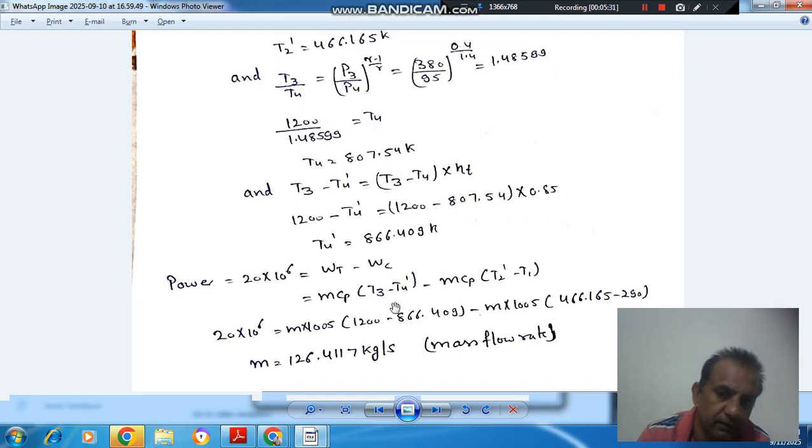T3, T4 dash, T2 dash, T1 and Cp are known, so m can be calculated. So the mass flow rate is 126.4117 kilogram per second.